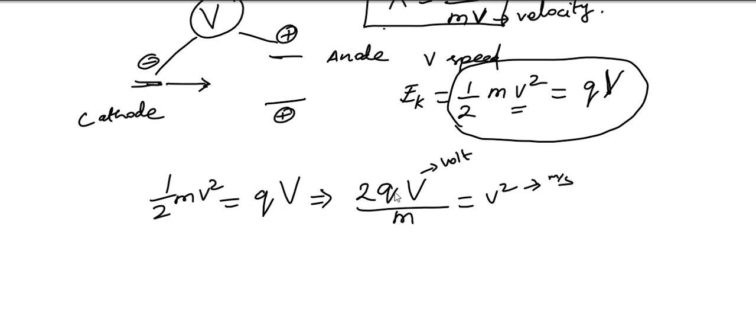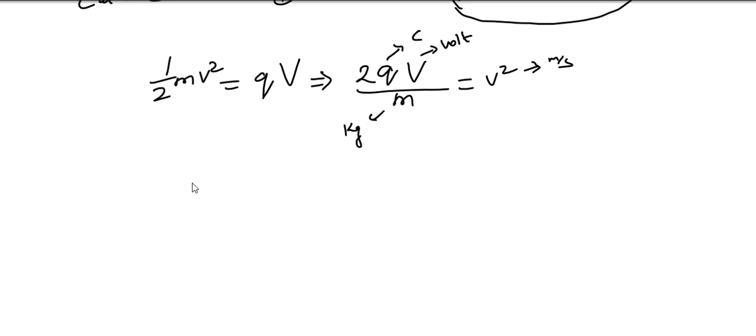So this one is volts, this one is speed in meter per second, this one is charge in coulomb, mass in kilogram.